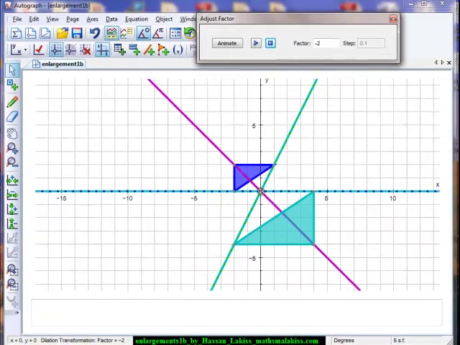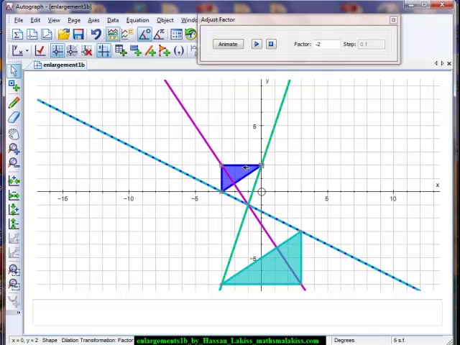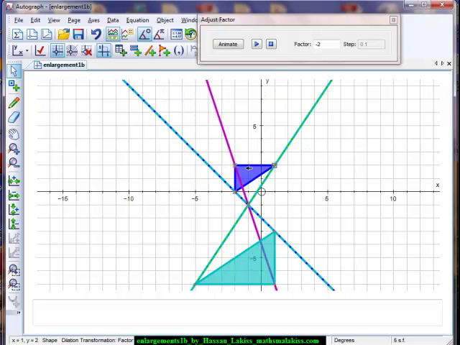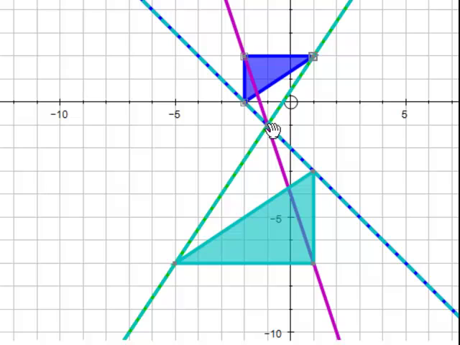Okay? Let's move the center away from that point. Let's move it around this way a bit. Move the screen up a bit. So the center is now here. How then do you draw it? If you go 1 square to the left, 1 up, and it's a scale factor of -2, you go 1 right, 1 down, 1 to the right, and 1 down.